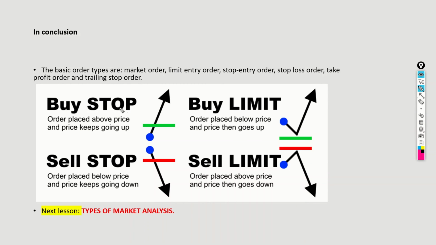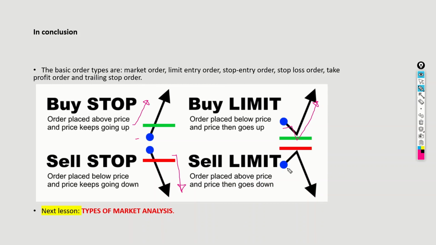So to recap: the buy stop order, you place it above the current market price and the price keeps going up. Then a sell stop order, you place it below the current market price and the price keeps going down. Then a buy limit order, you place it below the current market price, the market triggers it, and then finally goes up.